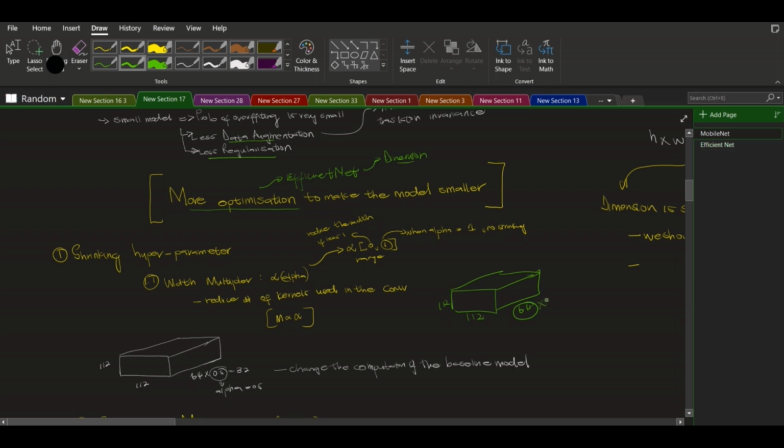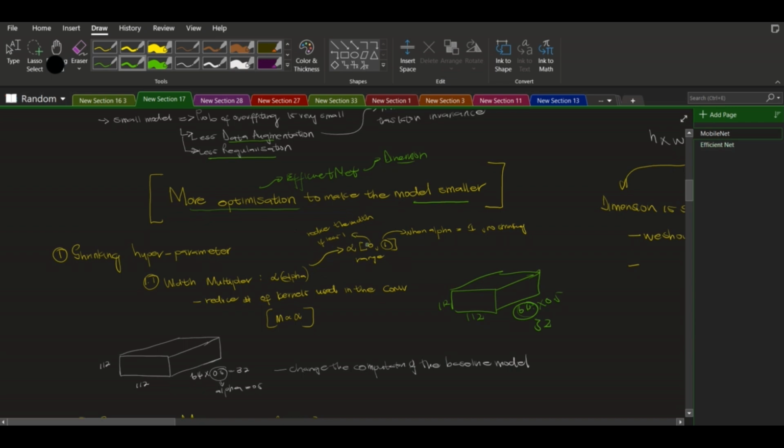If alpha is 0.5, then we end up with 32. The significance of reducing the channels is that we end up with a small model and we still keep the accuracy. A small model means that we get an efficient model when we're doing inference.